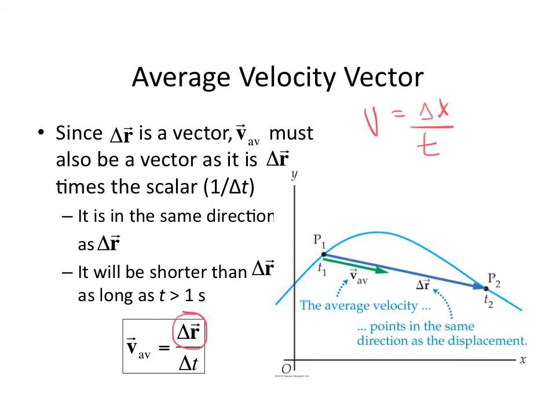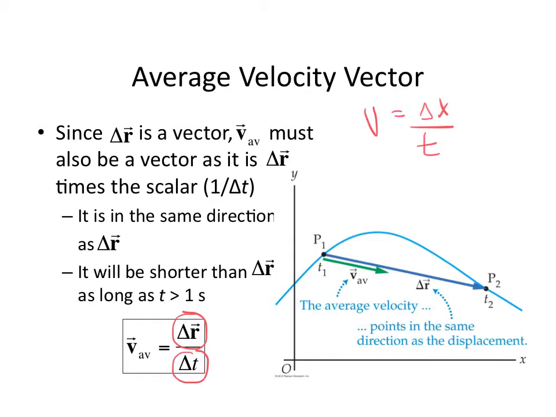But you'll notice that it is over a change in time right here. That's our average velocity vector. So it's got to be in the same direction as the change in position, because you can't have a velocity north and have it displace you south. The velocity has to be in the same direction as you are actually being displaced.